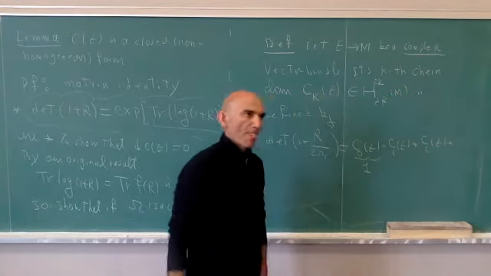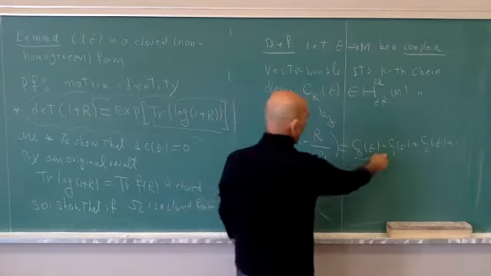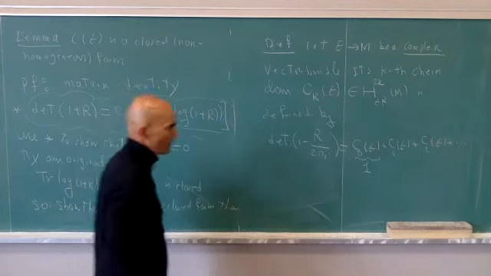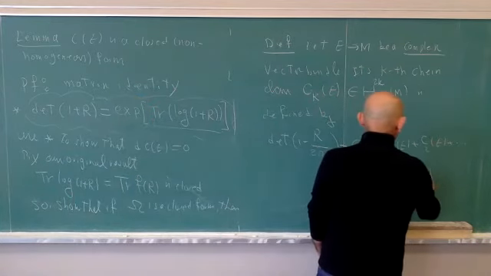Then c_1 is the first Chern class, then the second Chern class. Okay? So that's the definition.